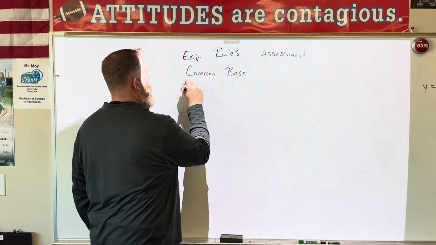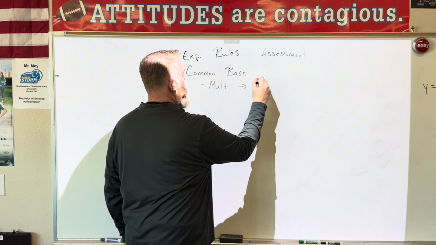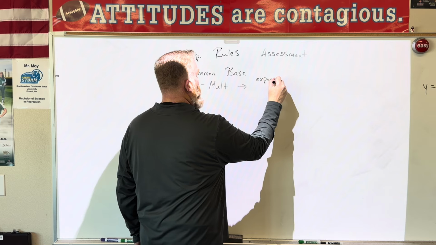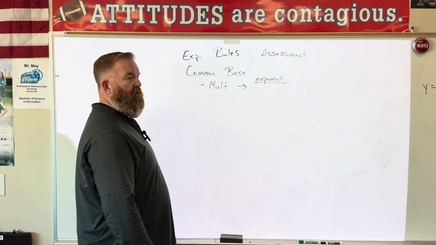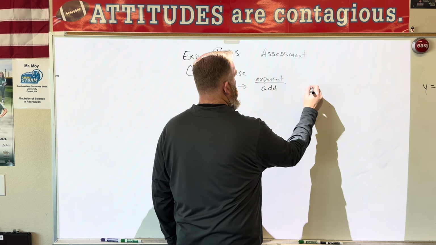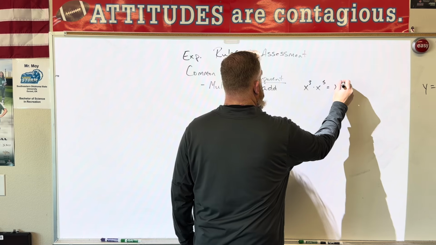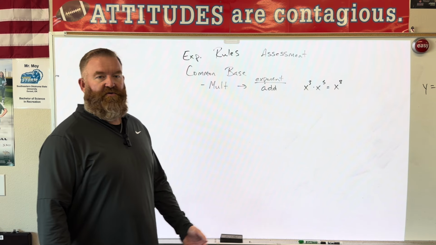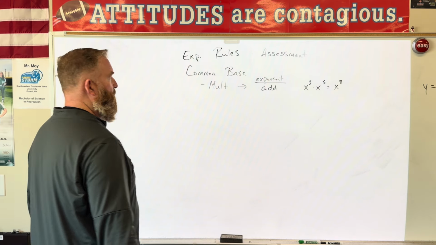When you have a common base, when you multiply, what do you do with the exponents, guys? You add them together. For example, x to the 3rd times x to the 5th, that is x to the 8th. When you have a common base, you add the exponents together. Yes?